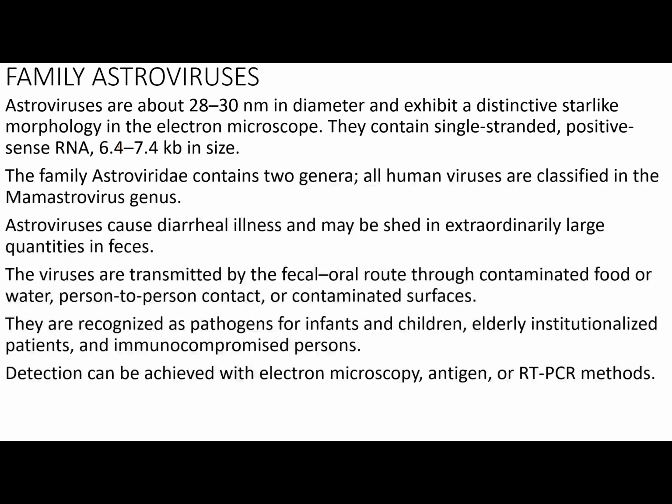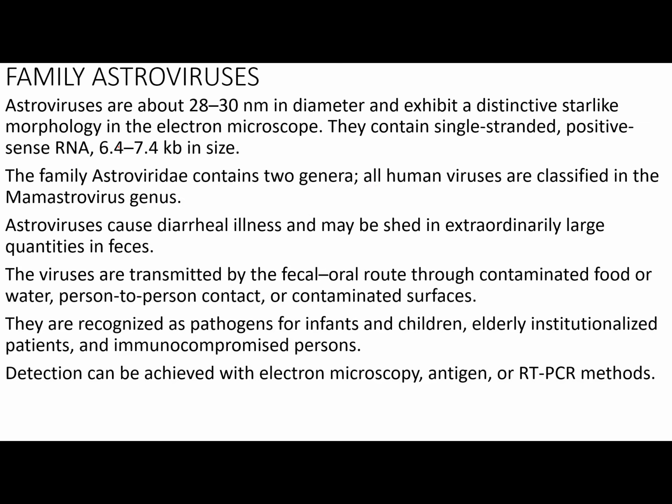Then we have the family Astroviridae. Astroviruses are about 28 to 30 nanometers in diameter, and they exhibit a distinctive star-like morphology in electron microscopy. They contain single-stranded positive sense RNA, 6.4 to 7.4 kb in size. The family Astroviridae contains two genera. All human viruses are classified in the Mamastrovirus genus.